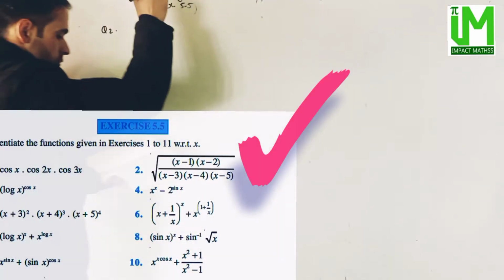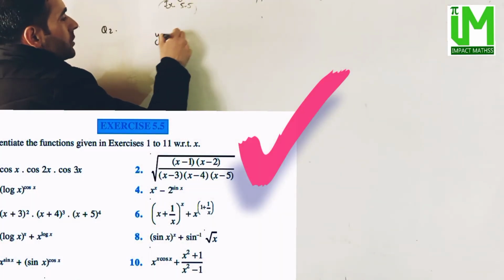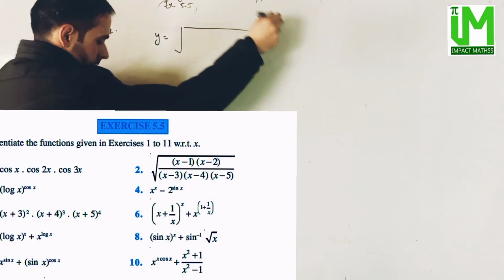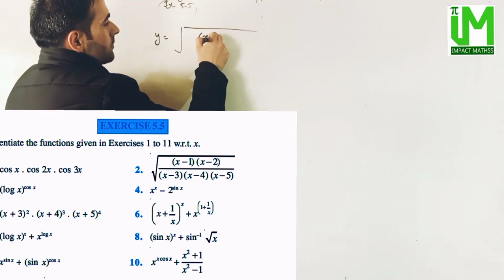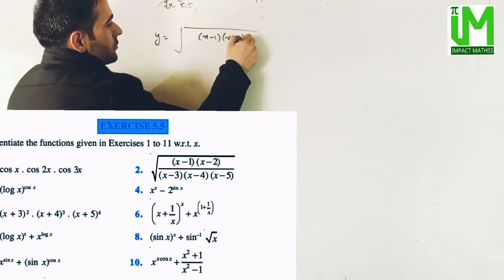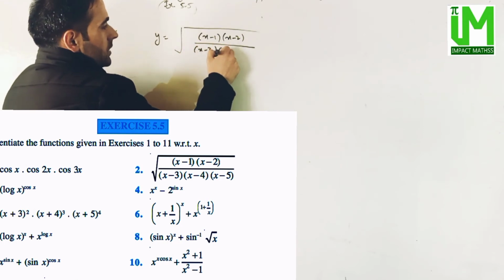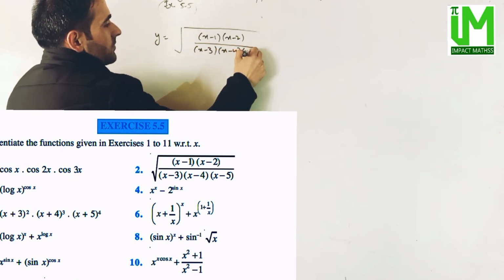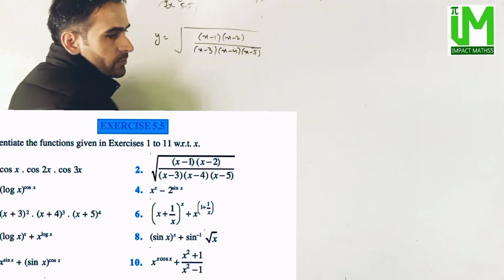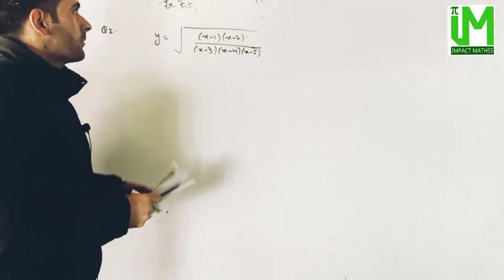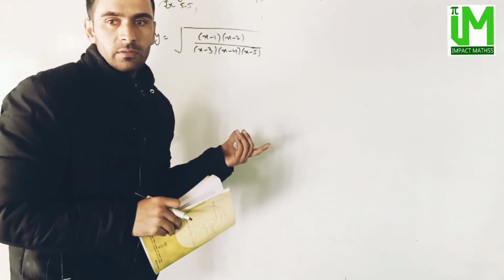Question number 2. Let y is equal to under root of (x minus 1)(x minus 2) divided by (x minus 3)(x minus 4)(x minus 5). Again, one could solve this without log.